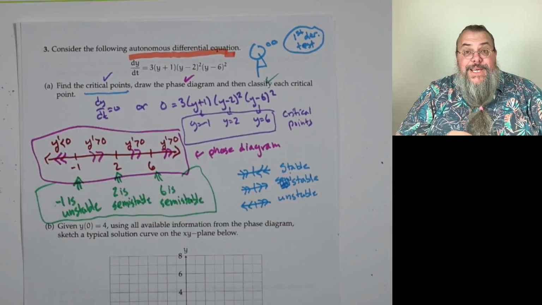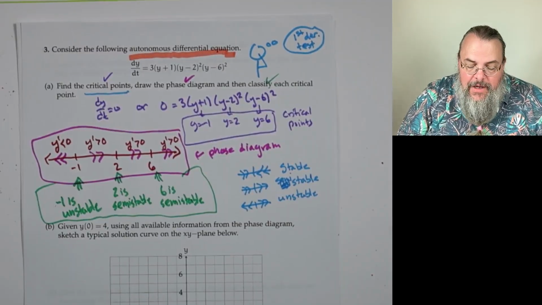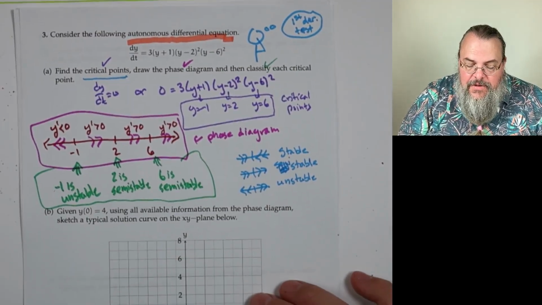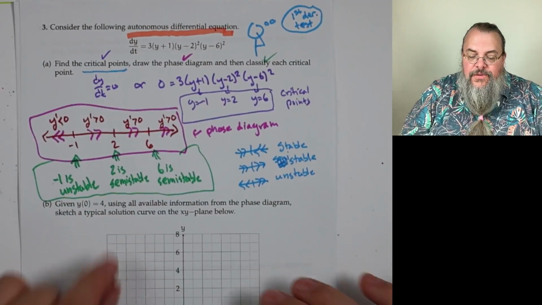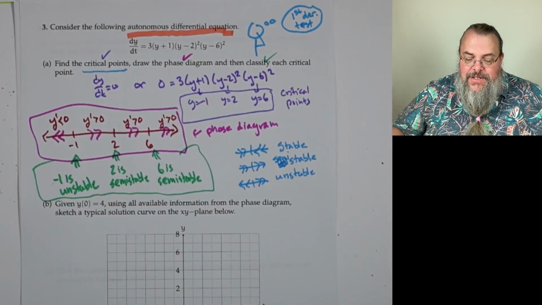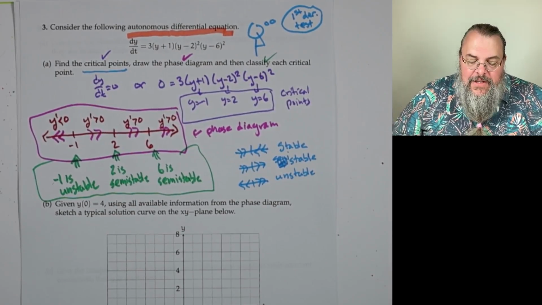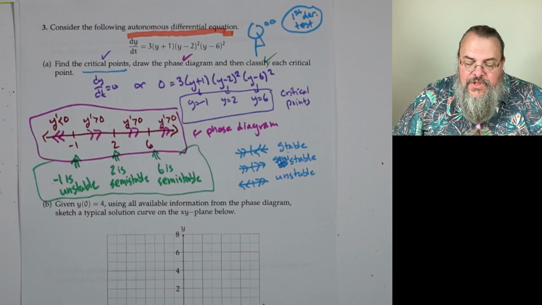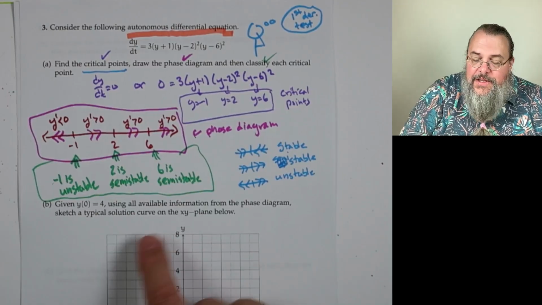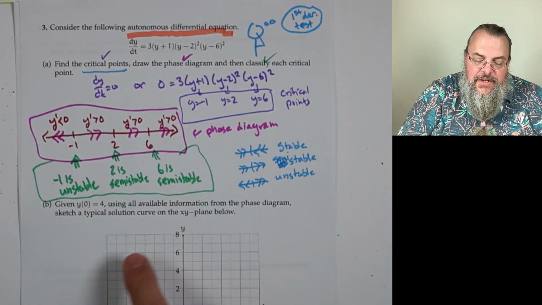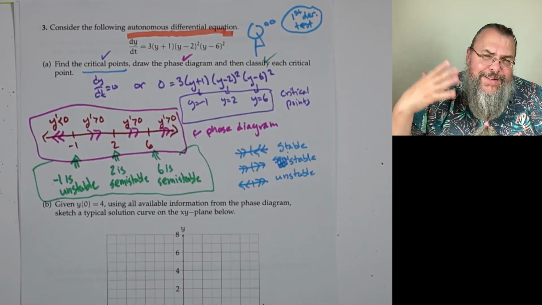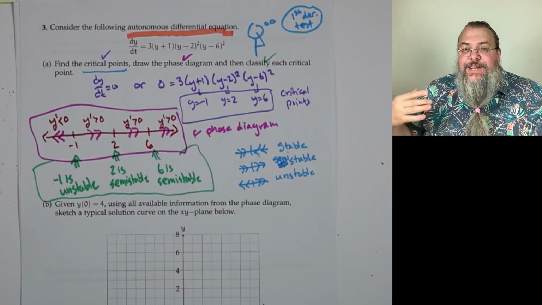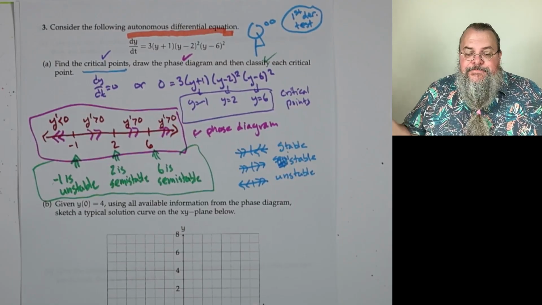On to part B. Given that y of 0 is equal to 4, using all available information from the phase diagram, sketch a typical solution curve on the xy plane below. So in particular, what does that y look like? What's best guess?